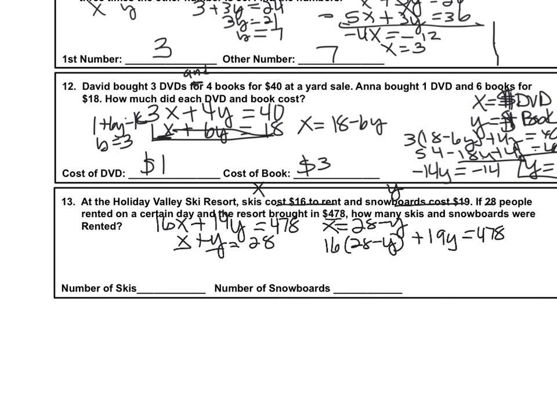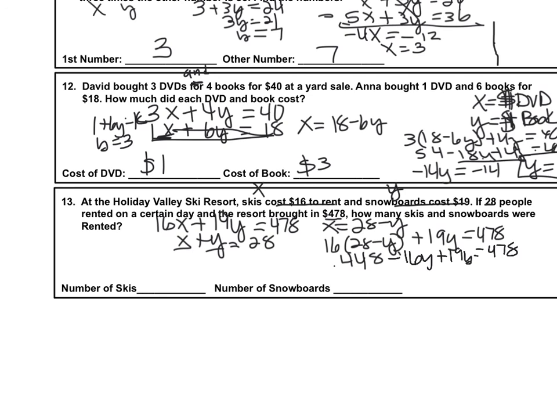So 16 times 28 is 448, minus 16y plus 19y equals 478.